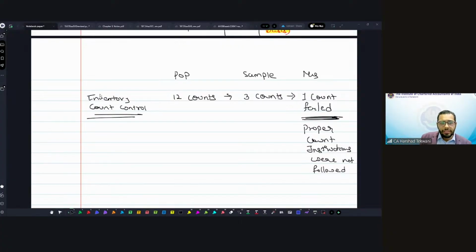So the tolerance rate of deviation is 0. That means the confidence factor is 100%. Level of confidence is 100%. So now tell me, what will you say in this scenario?